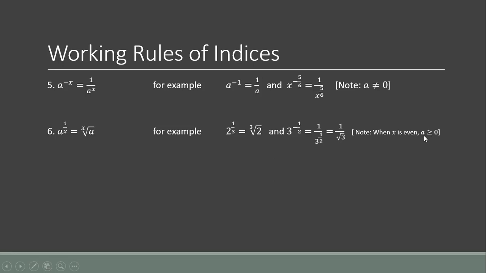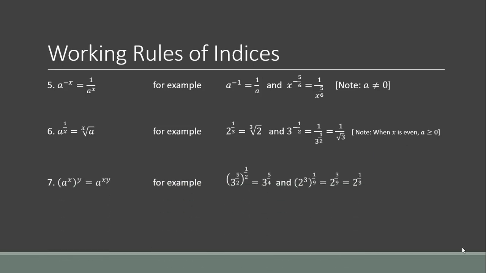A cannot be a negative number, because whenever we put a to the power half, we will have the square root or fourth root, and we know that we cannot apply square root or fourth root over a negative number when we are dealing with real numbers. So whenever we are working with real numbers, a cannot be less than 0, that is a is greater than or equal to 0.